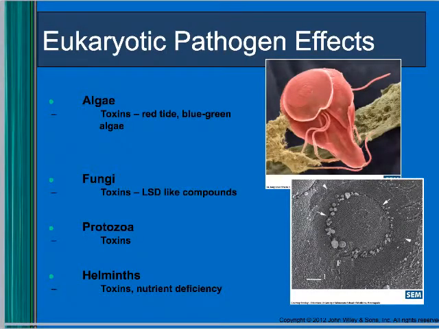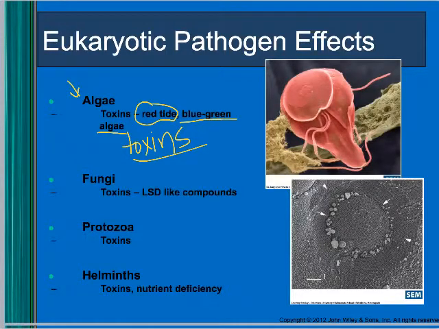Okay, now eukaryotic pathogens, they cause problems in different ways. So algae, you might have heard about this summer, there was a blue-green algae in ponds in our area. Somebody had their dog swim in a pond with blue-green algae, and it produces toxins, right? And the toxins killed the dogs in the pond. Another example of an algae that can cause problems is red tide.